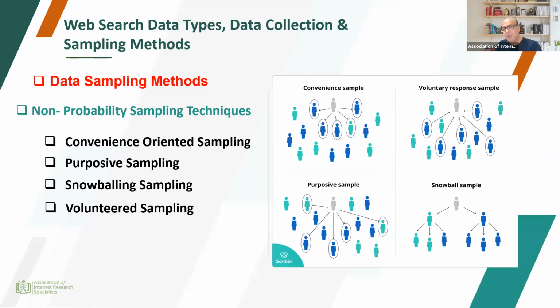But given the difficulty of finding the sample and finding homogeneity in that sample, you may have to proactively pursue looking for these samples. And therefore, it is non-probabilistic and there is no element of systematic sampling here.